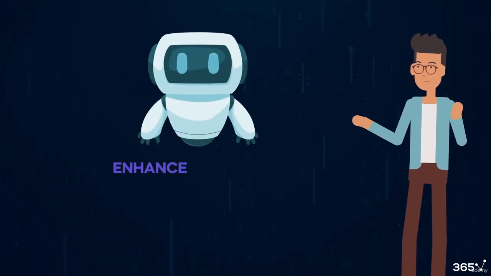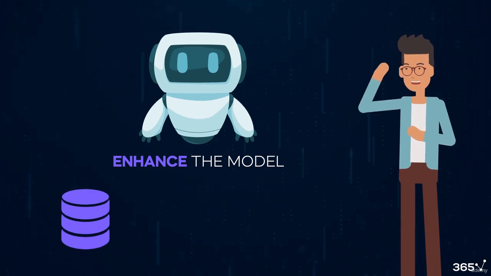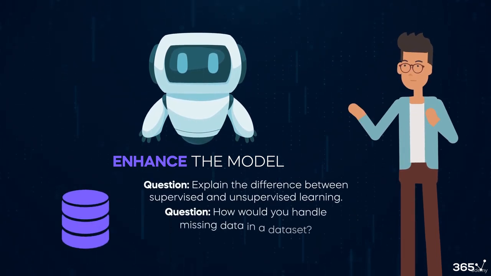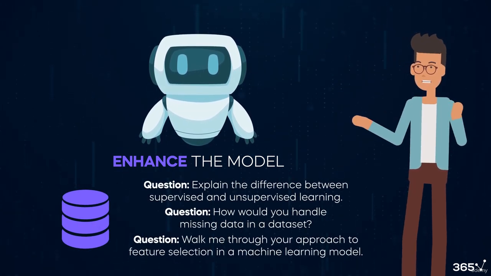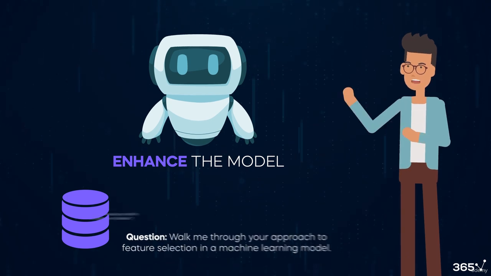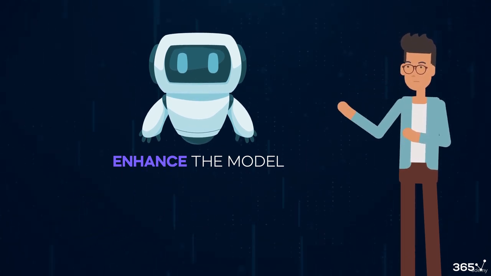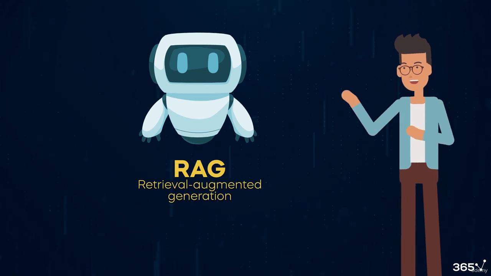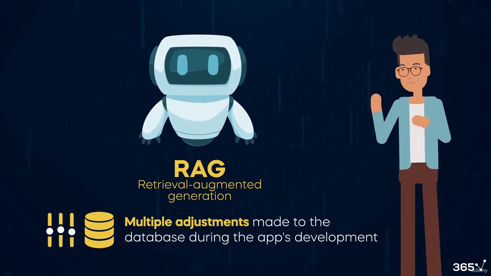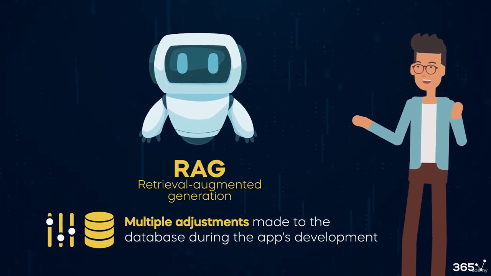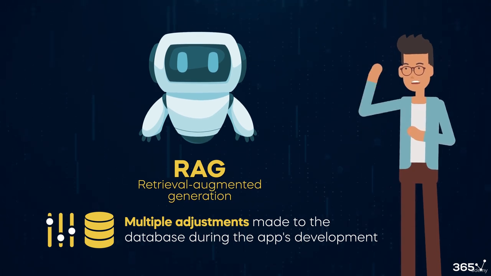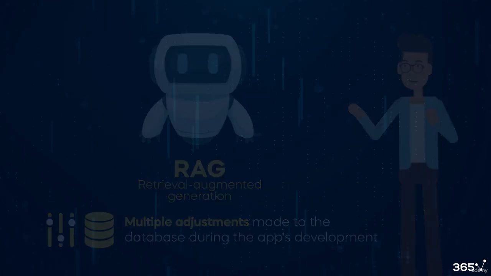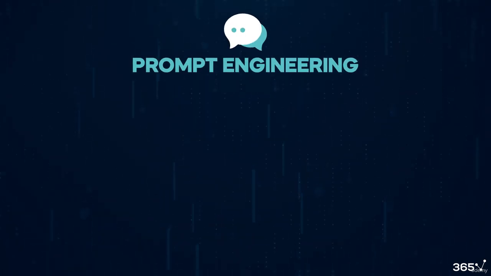We aimed to enhance the model by integrating a database of sample interview questions, providing context for tailored queries based on the user's selected interview type. This led to the incorporation of RAG, with multiple adjustments made to the database during the app's development based on the model's performance. The prompt engineering phase was the most time-consuming.